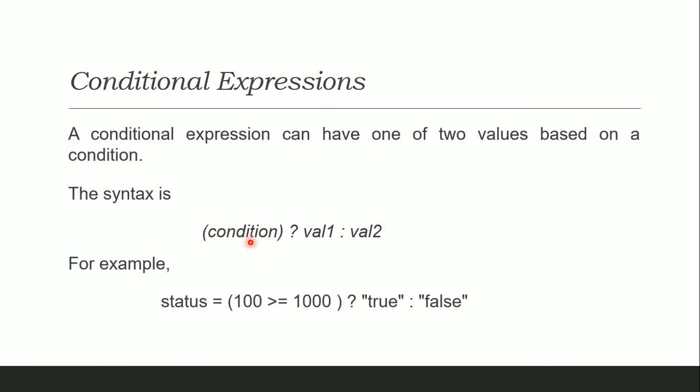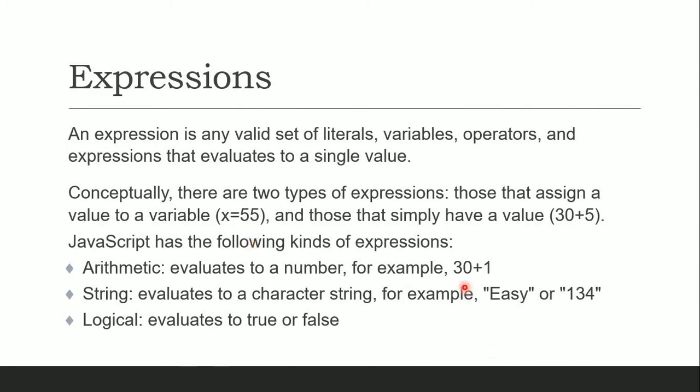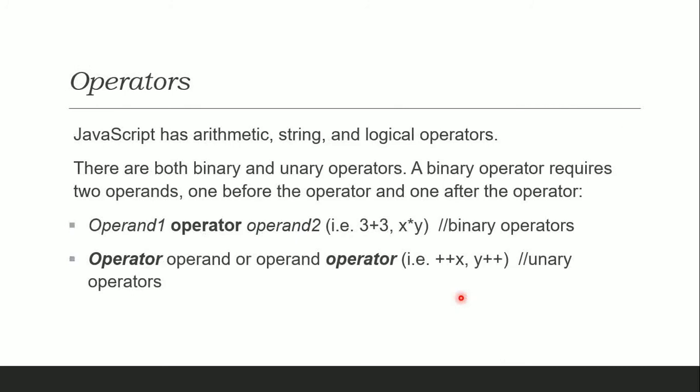What we look at here: this is an operand, an operator, and an operand, and this is an expression. So that means an expression is nothing but operands plus operators.